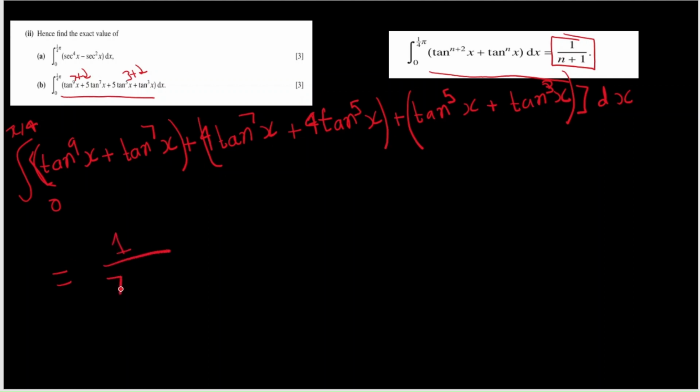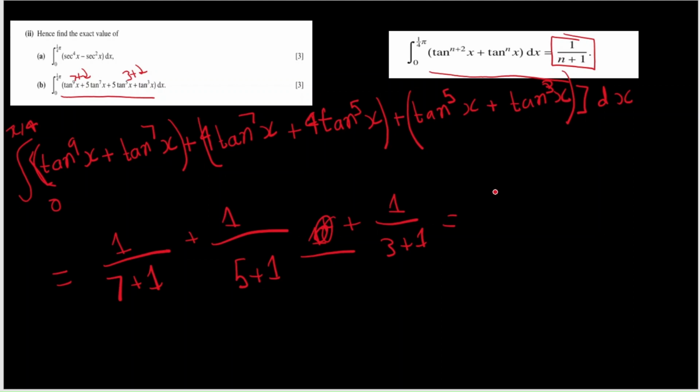What is the n over here? 7. 7 plus 1, plus 1. What is the n over here? 5. 5 plus 1, plus, what is the n over here? 3 plus 1. So we have 1 over 8 plus 1 over 6 plus 1 over 4.